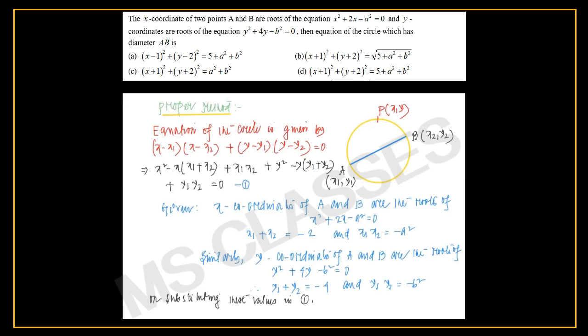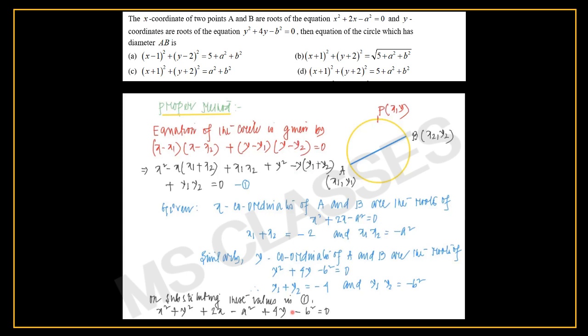We get x square plus y square minus x into this. So x1 plus x2, that is minus 2 here. So it will be plus 2x. For the root, minus a square. Now here if we put minus again, this will be minus into minus, plus 4y. And then what we have, minus b square equal to 0. So this is how we get the expression.